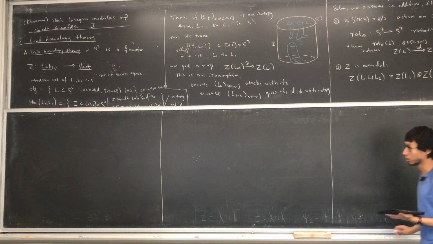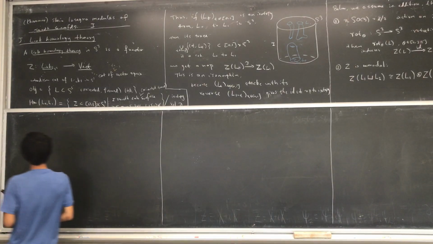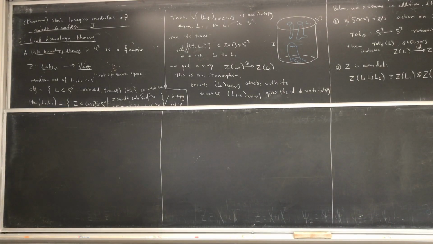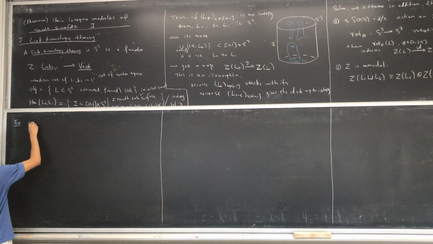So maybe I'm going to give some examples you can keep in mind of such a homology theory. The first one is rather boring. It's called, well, it got a fancy name if you like.